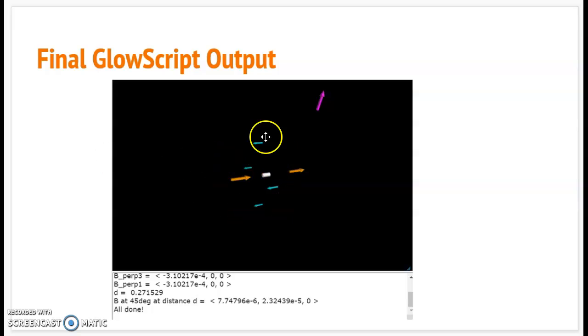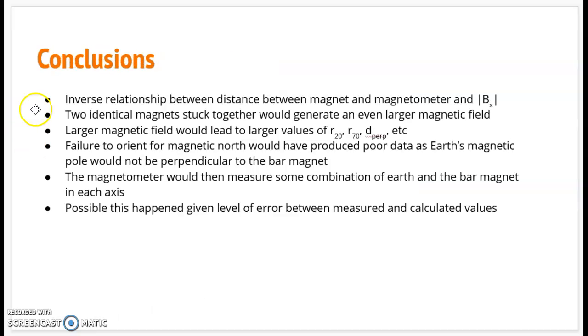And so putting this all out, you see here's the magnetic field at D, this purple arrow. And D was about 27 centimeters. And again, the magnetic field there is about 7.23, 0, hypothetically. And again, that's very different from our observed values.